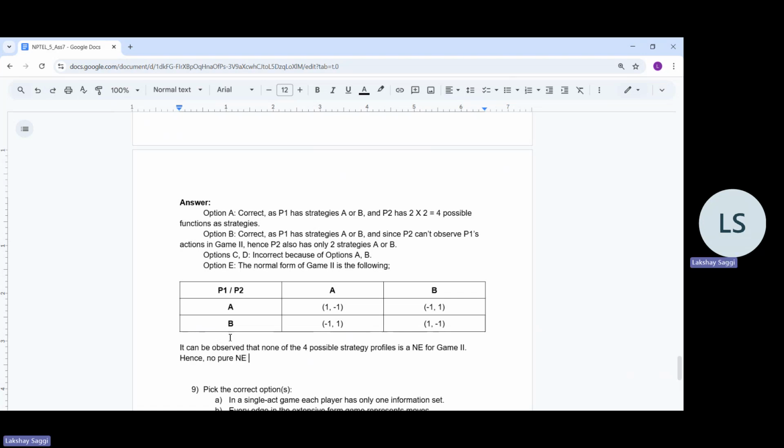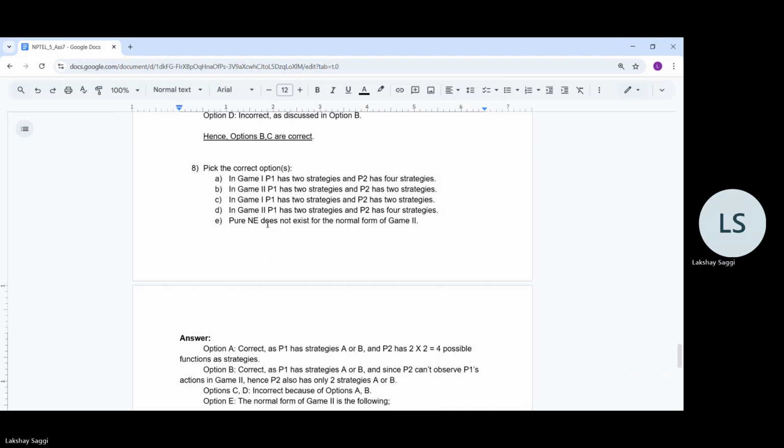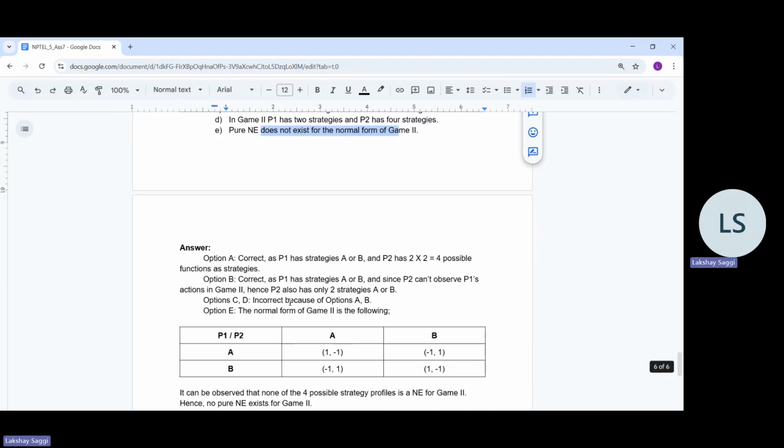We know that mixed Nash equilibria will always exist. In this case, the mixed Nash equilibrium will be playing A and B with 0.5 probabilities because ones and minus ones need to cancel out. But let's not get into that. The pure Nash equilibrium does not exist for game 2. So this means that option E is correct.